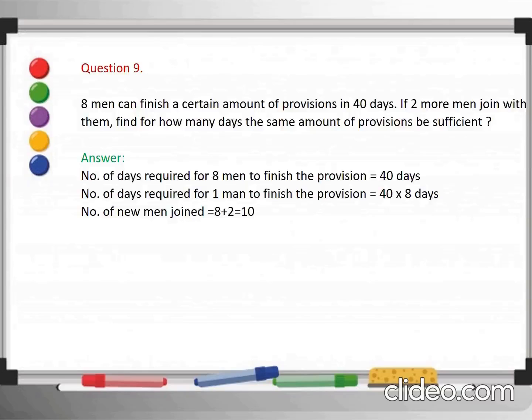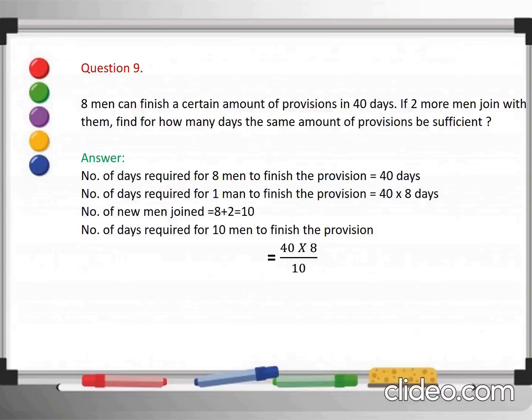Number of days required for 10 men to finish the provision equals 40 into 8 upon 10. Now we can divide 40 and 10 by which table? 10 table.